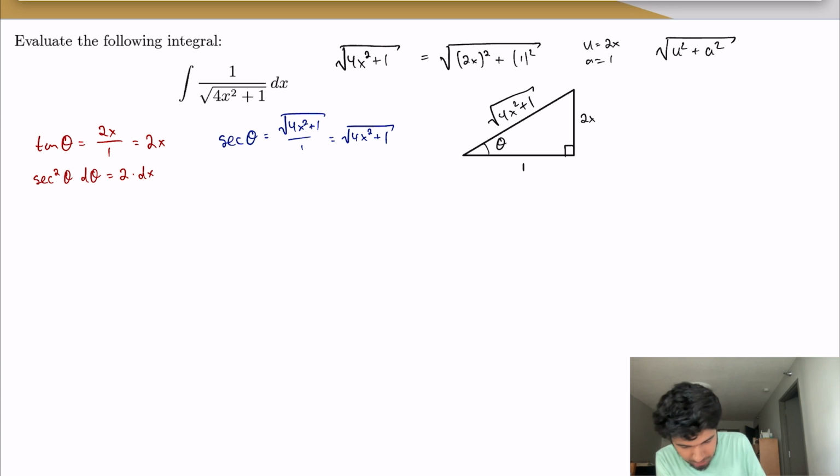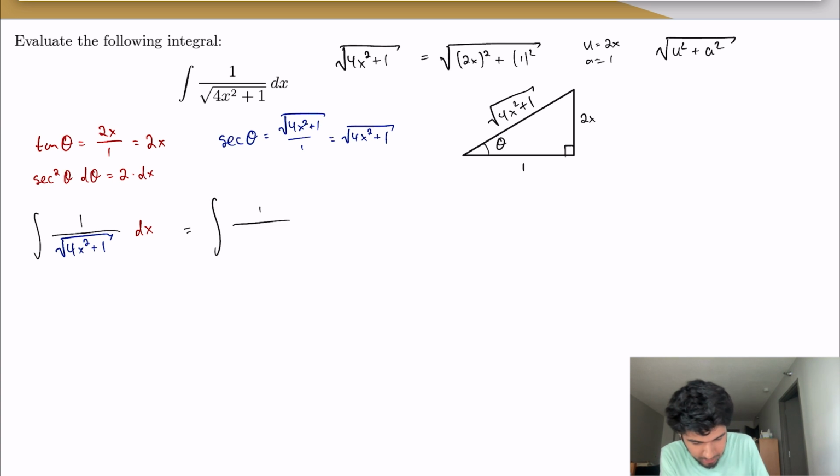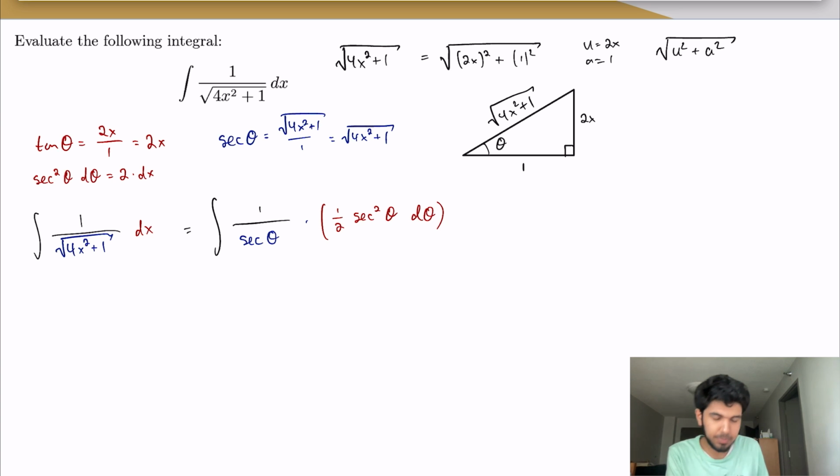So now when we return to our integral, the integral of 1 divided by the square root of 4x squared plus 1 times dx can be rewritten as the integral of 1 over secant of theta times dx, which would be equal to 1/2 secant squared theta d theta. Right?